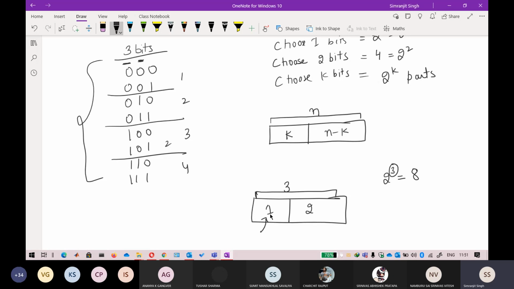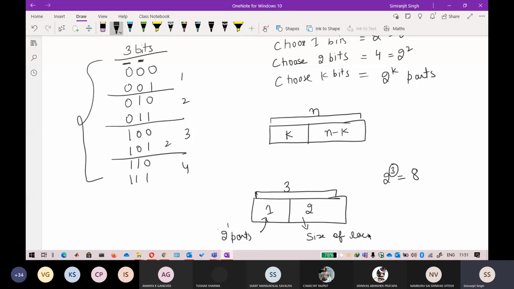When you are fixing 1 bit, you're able to divide it into 2 raised to power 1 parts. This is denoting a part. If you fix 2 bits, it will be 2 raised to power 2 parts. So the fixed bits tell you the number of parts, and the remaining bits tell you about the size of each part.